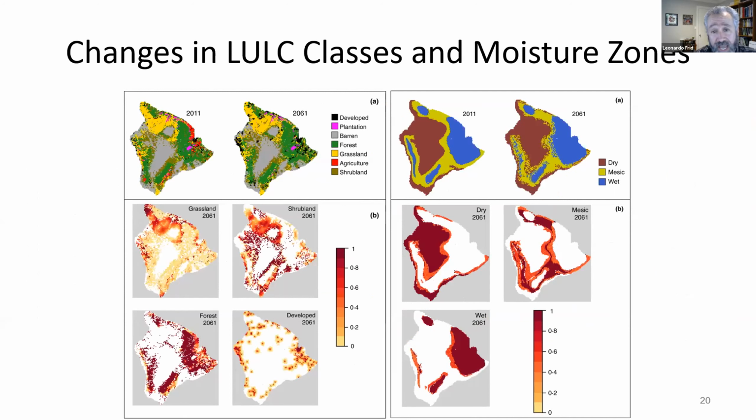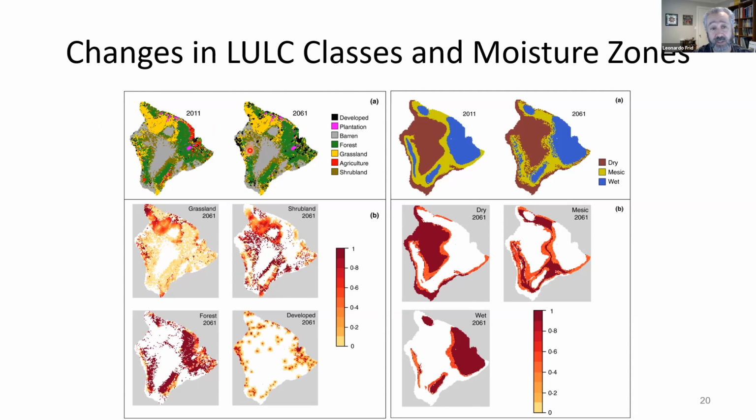We can also look at the probability of change in a particular LULC class. At the top here, we have the LULC classes for a single Monte Carlo realization. You can see over the 50-year time period, the urban areas here have grown as well.